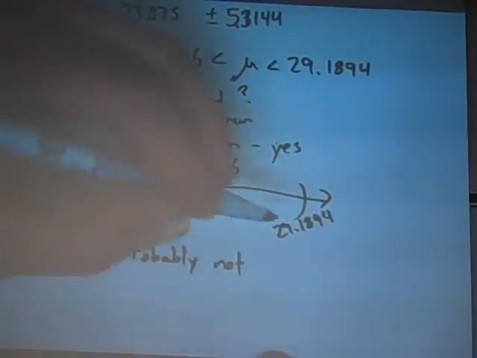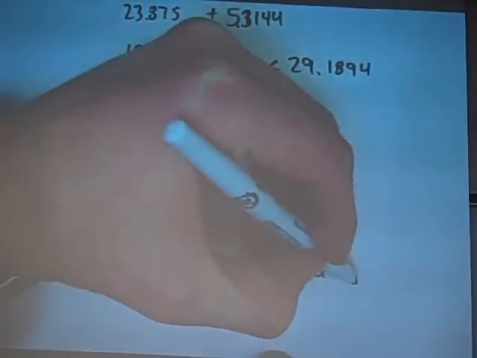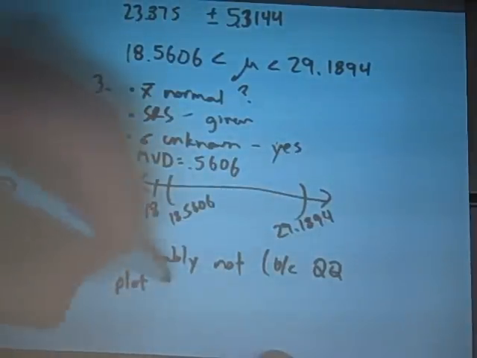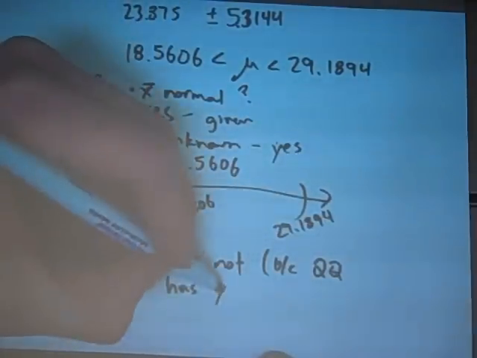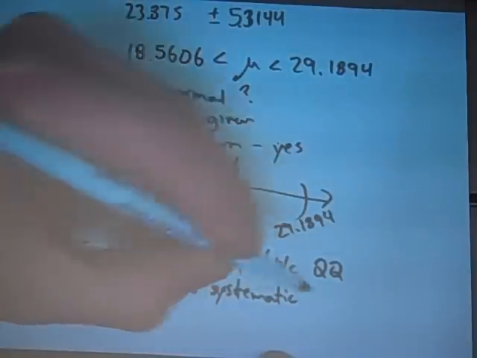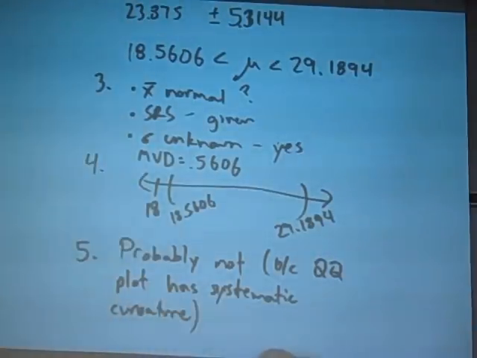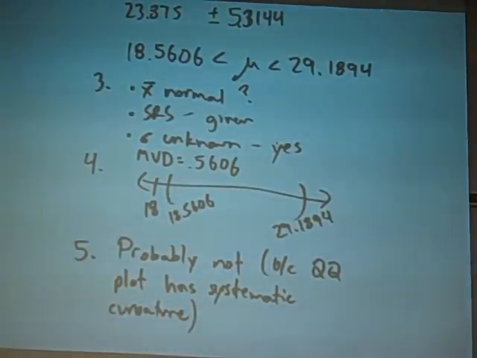Looking at the QQ plot. And that's because the QQ plot has systematic curvature. So what we don't want to see in the QQ plot is systematic curvature.